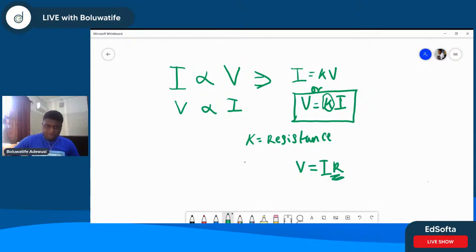This is where that formula comes from. The formula is derived from Ohm's law. Simple as that. And this formula is very fundamental in a lot of things that we would solve in current electricity. So let's go back to our slide.